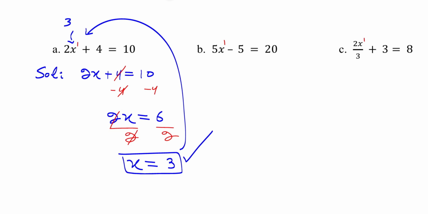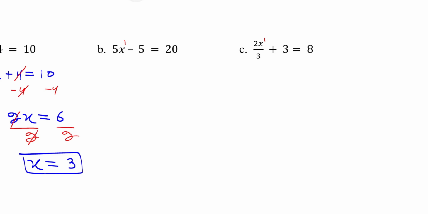Look, if I put 3 in place of x, 2 times 3 is 6, 6 plus 4 is 10. You get 10 on the left hand side, and it's equal to the right hand side. That shows the x value we got, 3, is the true value. This way you can do verification. I hope it makes sense.